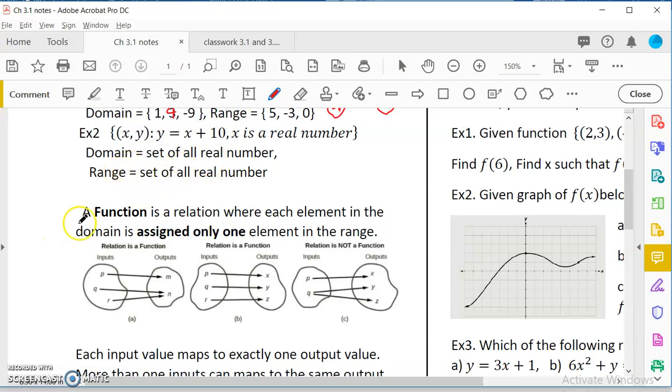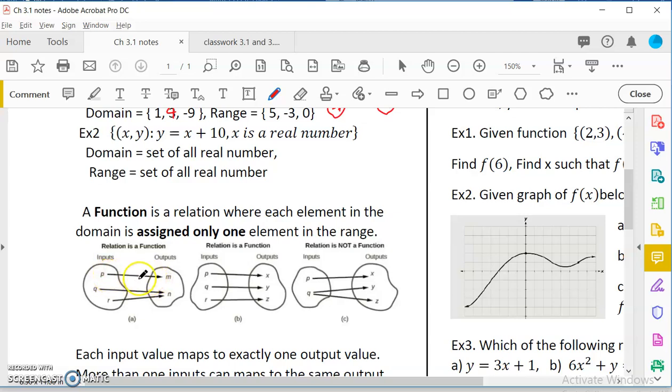And then what is a function? A function is a special type of relation where each element in the domain is assigned only one element in the range. That means when you do the mapping diagram, for every element in the input domain, you can only have one arrow out.